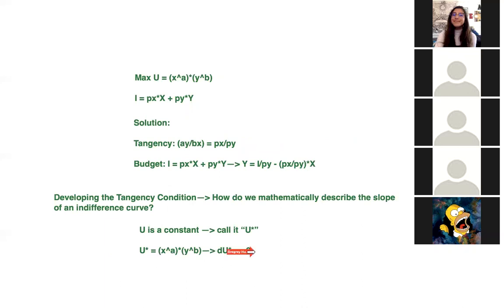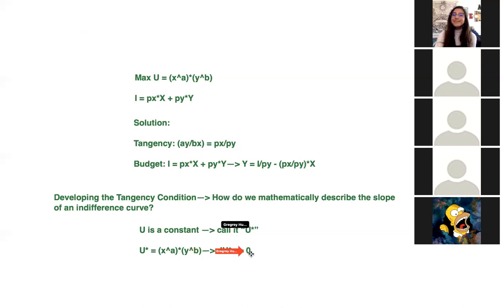The nice thing about that observation is that I've just mathematically described an indifference curve by saying any change in U has to be 0. The d here stands for change, delta change.